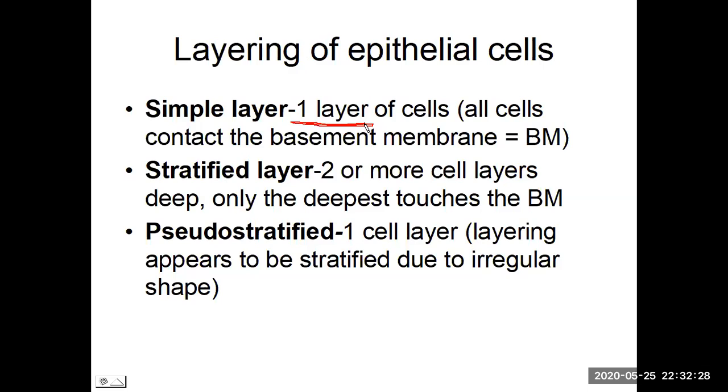So for example, the tissue in your lungs is made of simple epithelium, and gases can diffuse through. Stratified layering, having multiple layers, the benefit here is protection. So having multiple layers of cells stacked up, you could damage the superficial layers, but now there's all the deeper layers providing all of that additional protection. So our skin is a great example of the stratified layering.